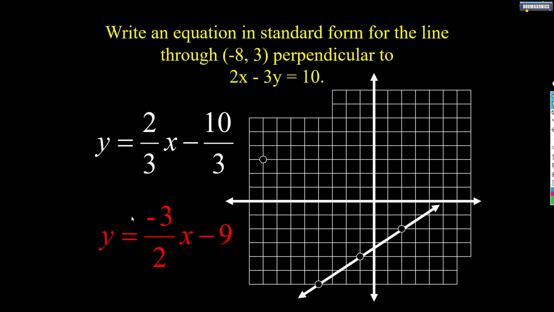Now the equation has -3/2 as your slope, and then you can plot it as given, or find the value of b, and then after finding the value of b, you can plot the graph, right?